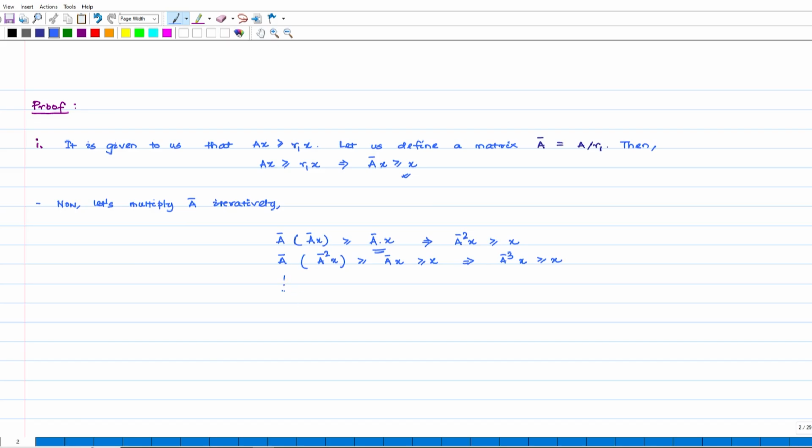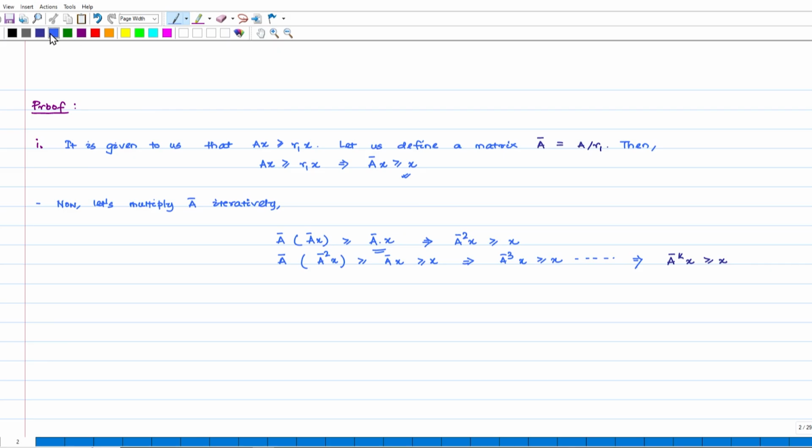If we keep on repeating this process, we get A bar raised to the power k times x is also greater than or equal to x.